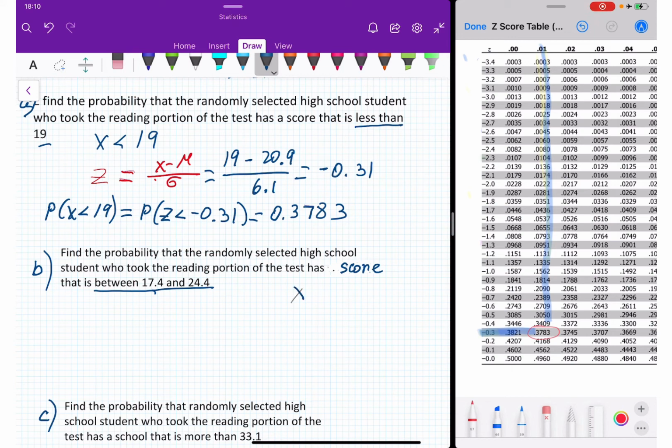Our x is greater than 17.4 and less than 24.4.